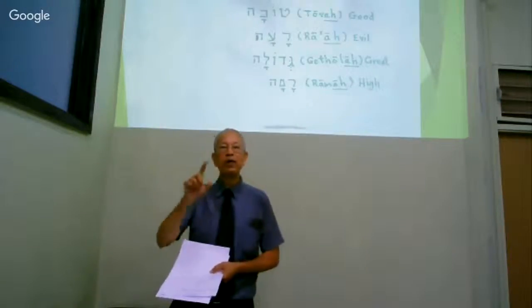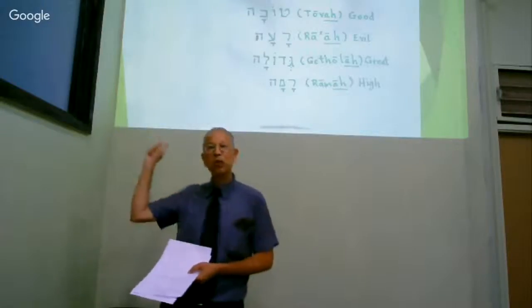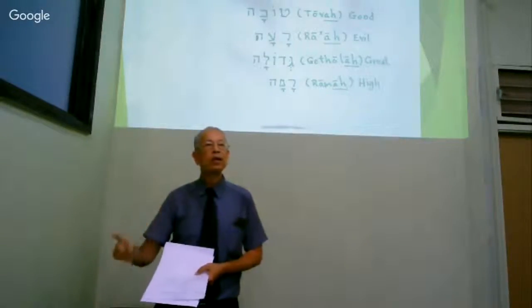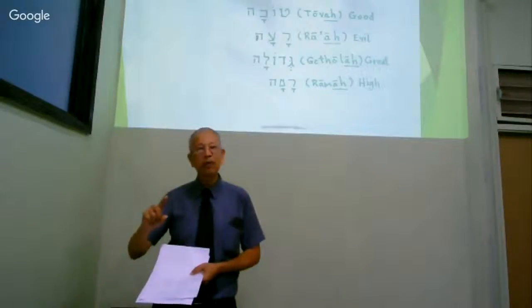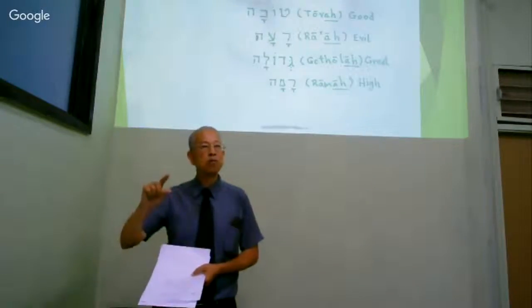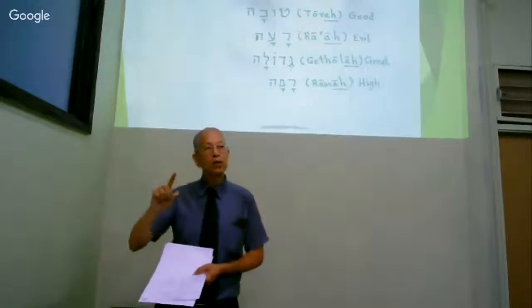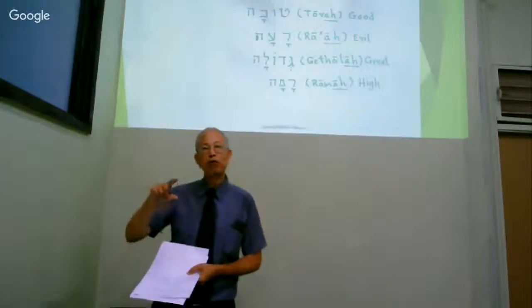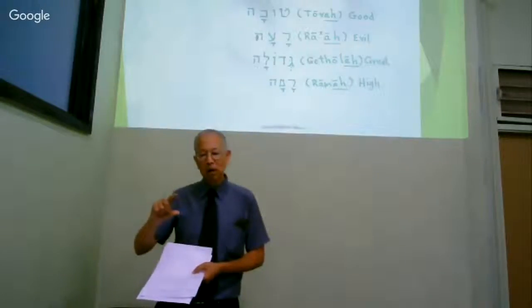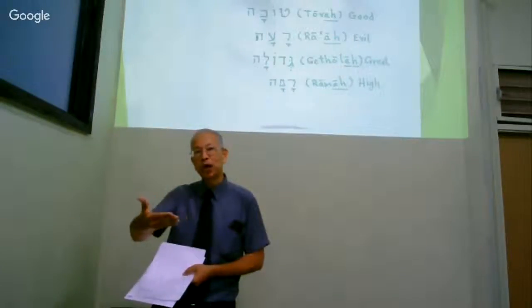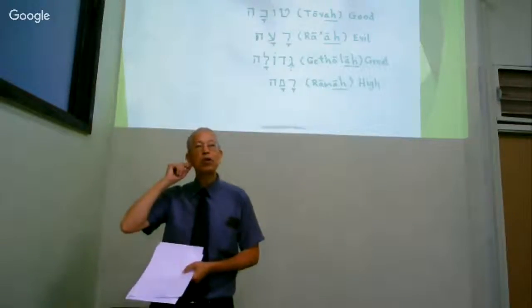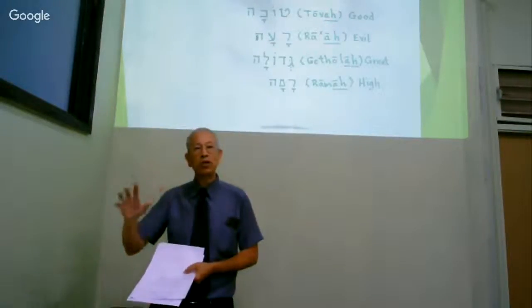And Ra'ah is a verb, but this Ra'ah is an adjective. Different spelling, it only sounds the same. That might be what might confuse someone. But when you're able to see it and not just hear the sound, you will know that it's a different word, not the same word.